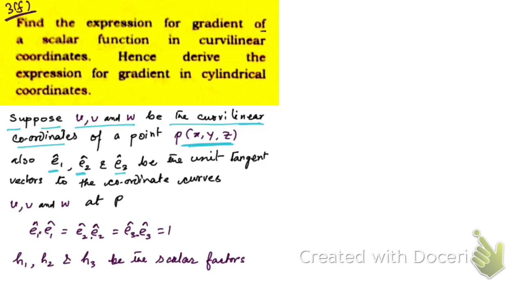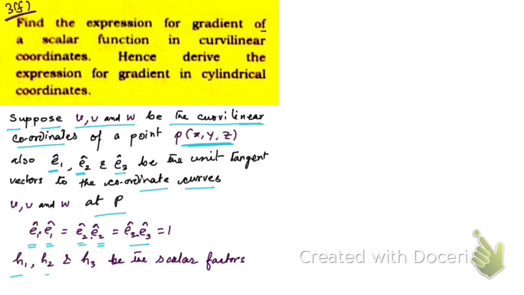These are unit tangent vectors to the coordinate curves at P. I will explain what is the meaning of this. Like i dot i is equal to 1, similarly e1 dot e1 is also 1, e2 dot e2 is also 1, e3 dot e3 is also 1 here.